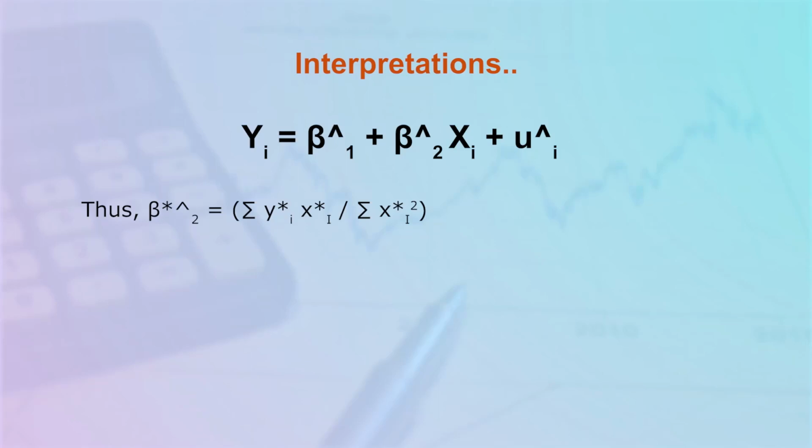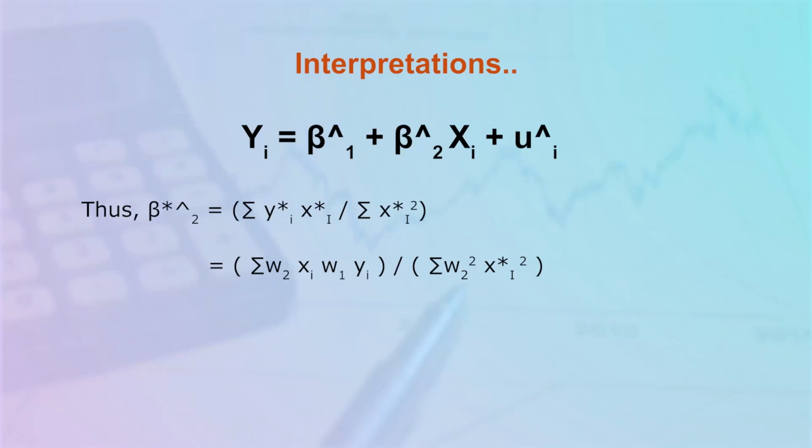Now instead of writing yi star or xi star, we are writing in terms of weights. We are just expanding the expression. Instead of xi star, we write w2 xi, and instead of yi star, we write w1 yi, divided by summation of w2 square xi square.